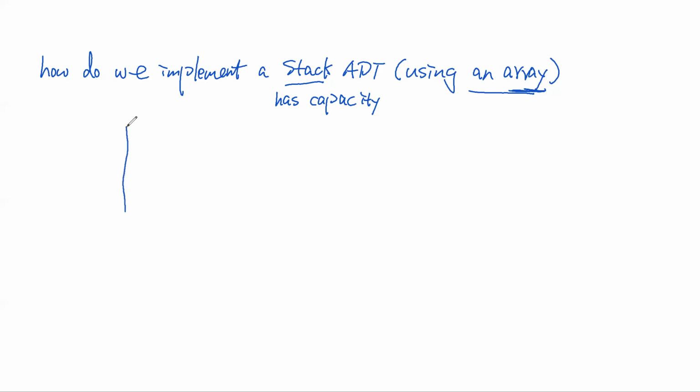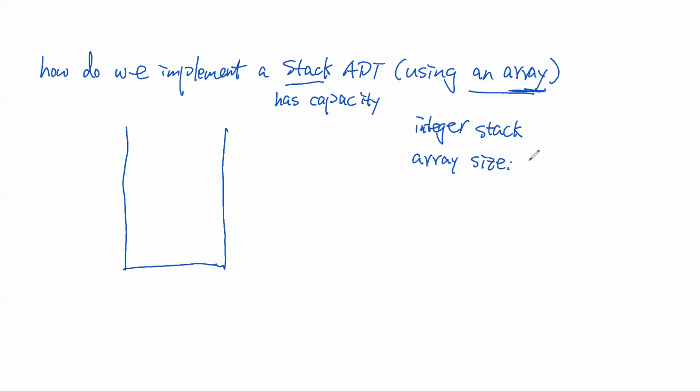Let's see. Suppose here we are going to discuss an integer stack, so we are going to have numbers filled in this stack. Suppose the array size is 5, so the capacity can only allow 5 numbers.